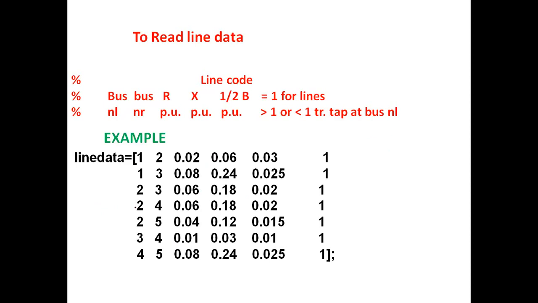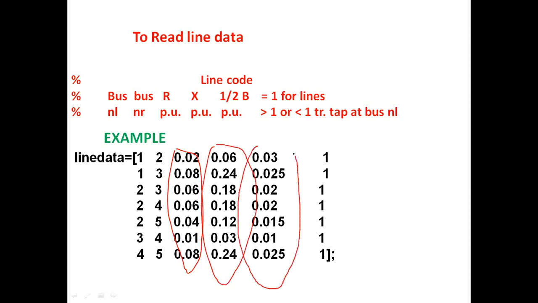You see the line data connected between 1 and 2, 1 and 3, 2 and 3, 2 and 4, 2 and 5, 3 and 4, 4 and 5. All these are resistances of the lines, reactances of the lines. This becomes the half line charging of the line. The tap settings I have taken all as one.